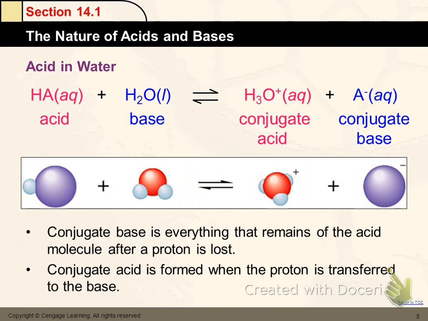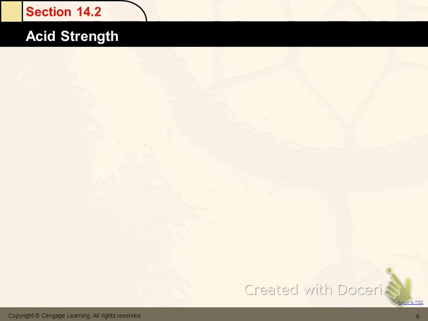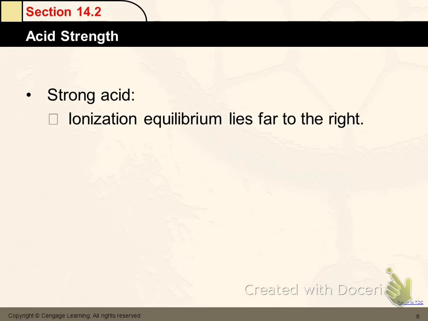Now, the conjugate acid is formed when the proton is transferred to the base. So once we lose that proton, we now have this thing that is positively charged, and that is our quote-unquote conjugate acid. Now, strong acid, we know this from before.